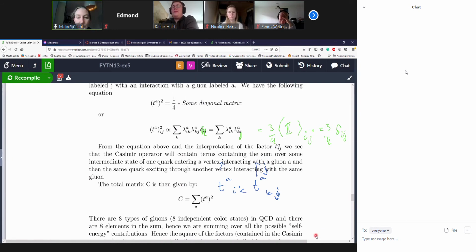Now there's a normalization factor of 2 between the lambdas and the t's, but ignoring that, we have exactly what I have written. So this thing here is exactly this thing here. Of course, it doesn't matter what the dummy summation index is called, but it happens to be called the same thing here, K. It also doesn't matter what A is called. And we see that it's proportional to the identity matrix with this factor CF.